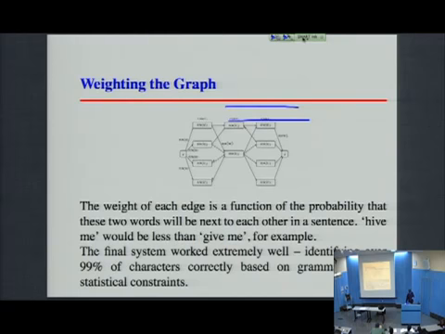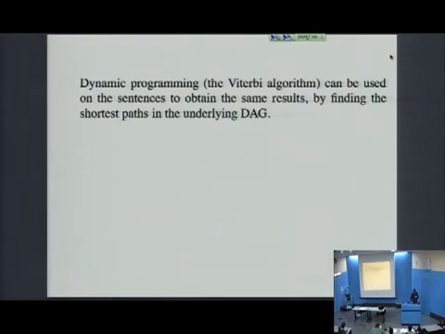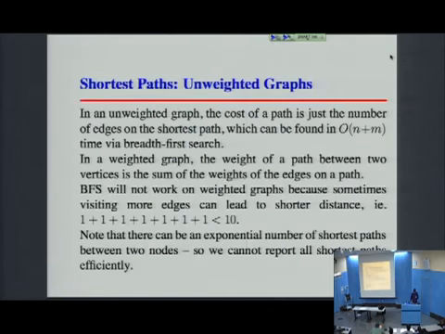Okay, so let's talk a little bit about finding shortest paths. How do we find shortest paths? First, suppose the graph is unweighted. If I give you a graph where all edges are weighted equally, what is the best way to find the shortest path between vertex i and j? What is the right way for an unweighted graph? Yes.